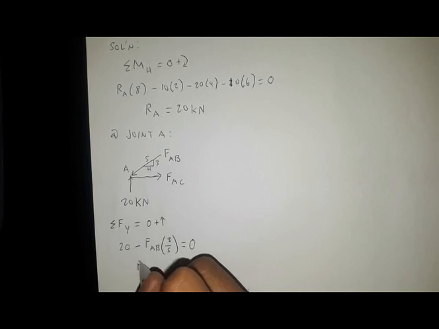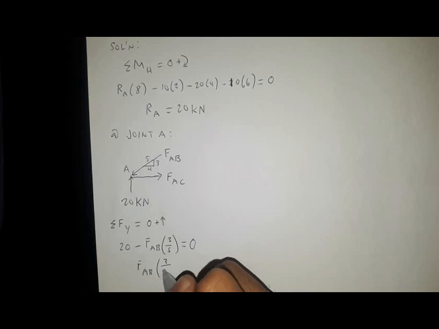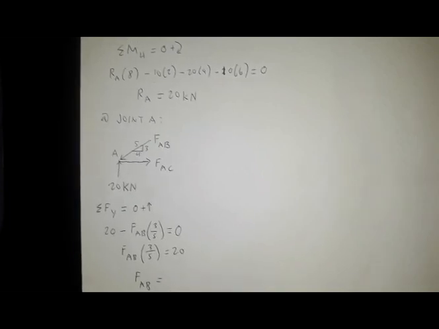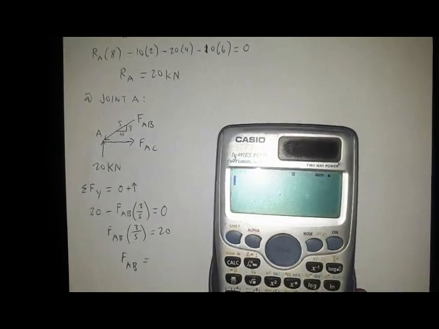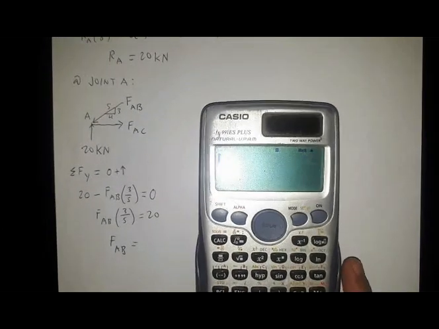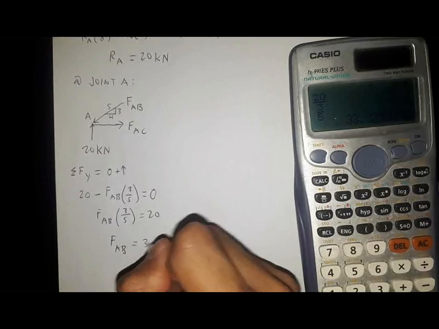So FAB times 3 over 5 equals 20. FAB equals 20 divided by 3 over 5. So we have FAB of 33.33 kilonewtons.